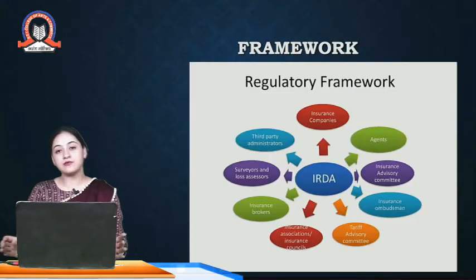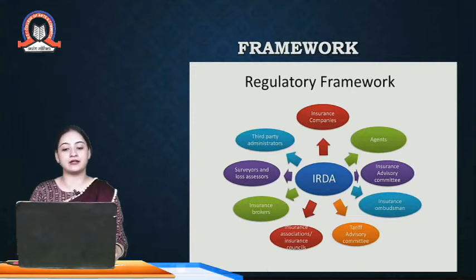The framework of the regulatory body comprises insurance companies. To represent the company, there are agents, and insurance advisory committees where, when some kind of uncertainty or issue arises, the experts are there to assist. For insurance tariff, they also provide advisory services.